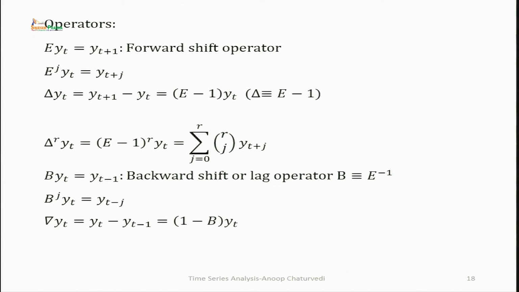Then we also define backward shift or lag operator b y t is equal to y t minus 1, b j y t is y t minus j, and del y t is equal to y t minus 1, which is also equal to 1 minus b y t. So, in fact, this backward shift operator may be considered as the inverse of forward shift operator.